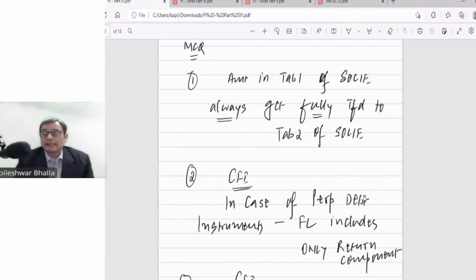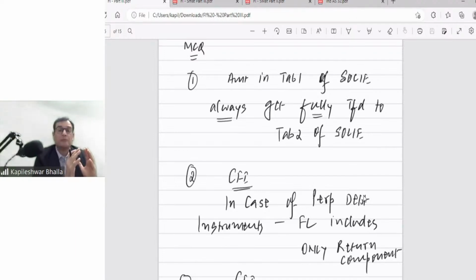Mind the words, as I said that the entire amount which is there in tab number 1, I'm talking about the equity component of compound financial instruments, always gets transferred 100% to tab number 2 of SOCI. So is that true or is that false? Well, I would say technically, no, it's not true.